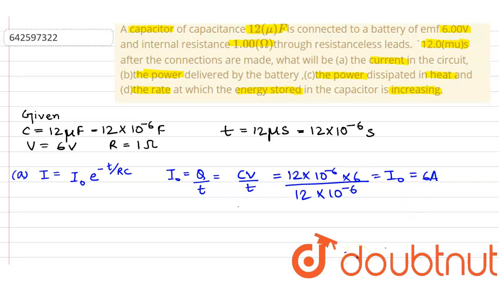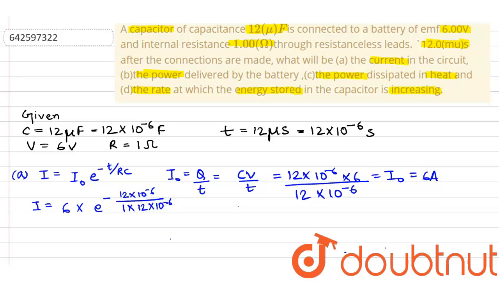Now we have the value of I naught, and other values we already have. We can put those values in the formula. So I is going to be equal to I naught, which is 6, into e raised to power minus t, which is 12 into 10 raised to power minus 6, upon resistance, which is 1, and the capacitance, which is 12 into 10 raised to power minus 6 again.